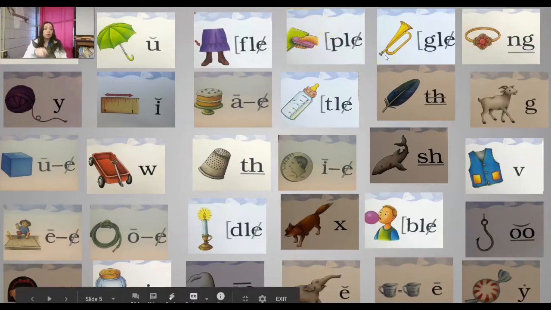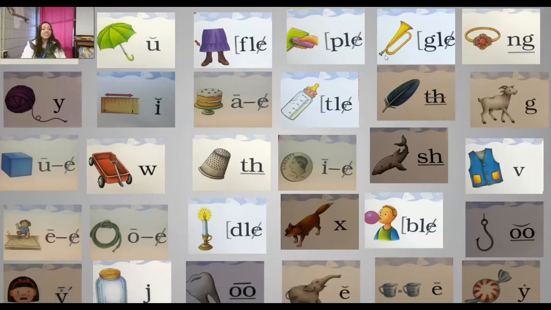Bugle, gull. Final syllable, GLE. Ring, digraph NG, very good. Then I have yarn, Y. Inch, I. Cake, A consonant E.